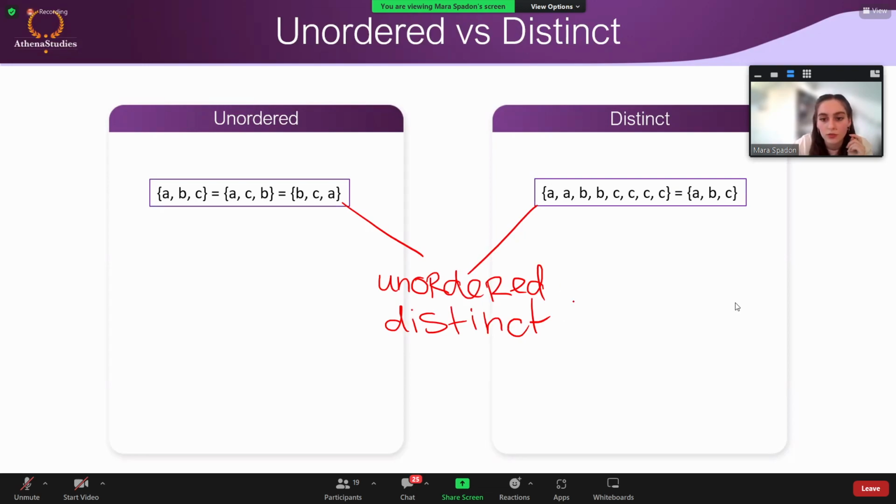So these are the two things you need for a set. They can be unordered. Of course, they don't have to be, but they are the same if they are. So ABC is the same as ACB, and they have to be distinct. So you never have any duplicates in a set. All right.